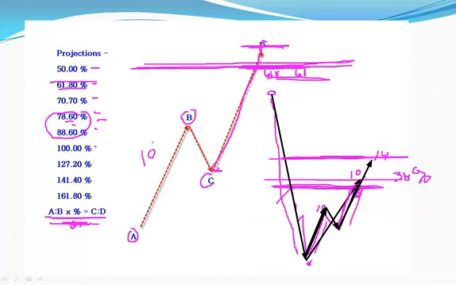It would still actually qualify as an A to B, C to D, but it would be A to B times 141% equals C to D. So although this swing up is much larger than this first swing down off the low, that still qualifies it. So this is what they call a projection. All right, a projection. So typically, as I said, a lot of times you'll see that as 100%. Sometimes it falls short, sometimes it's further. It all depends where resistance is.